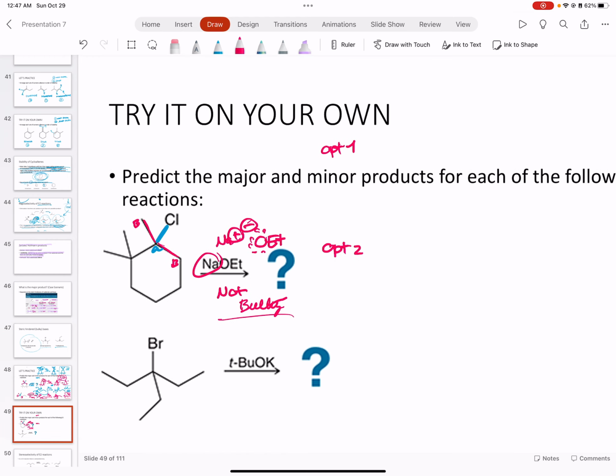Okay, so let's see. This one chlorine, this one in here. Let me draw it for this one in here as well.